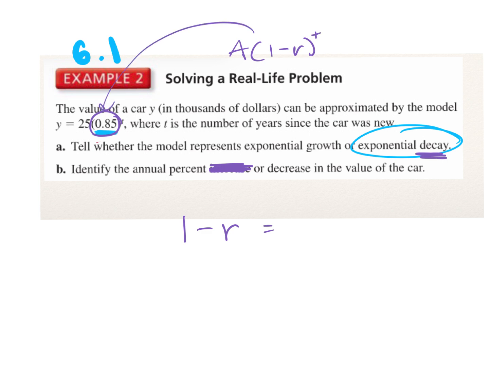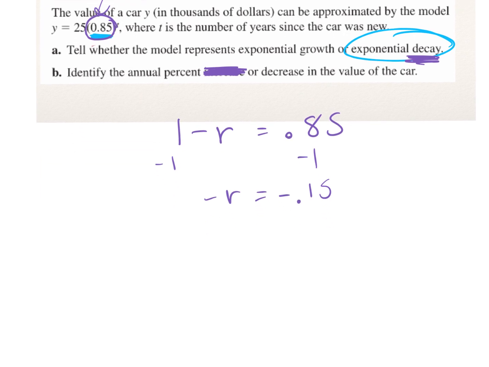That's where this comes from. And it's 1 minus because we said it was decaying. So 1 minus r is equal to 0.85. So we would solve for r. How would I solve for r? Subtract 1. So r is equal to negative 0.15. So r is equal to 0.15.